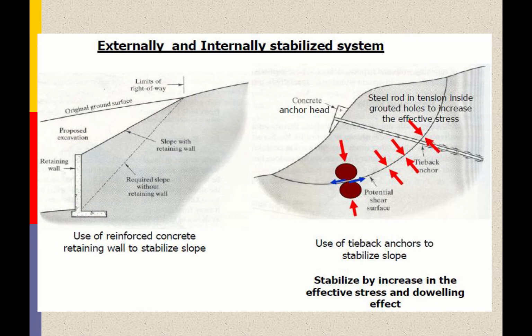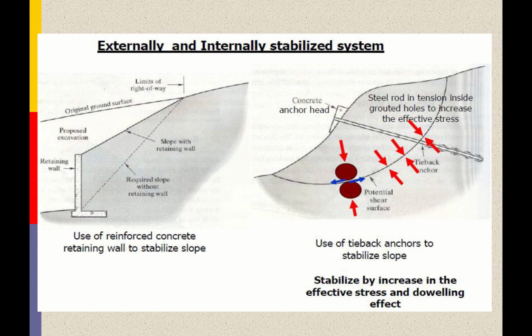You can see that we design for the slope. In the front of the slope, you have the retaining wall, and some can use the anchor system. So it is like you nail the soil, you are using a tie rod, or you are using steel rod, and then you are putting it inside the slope.